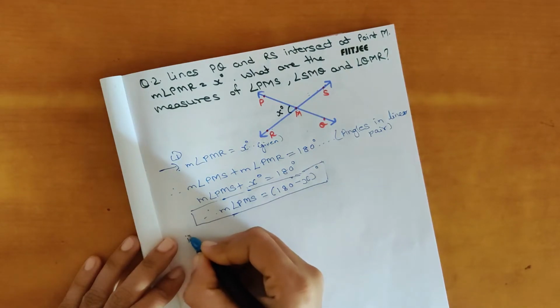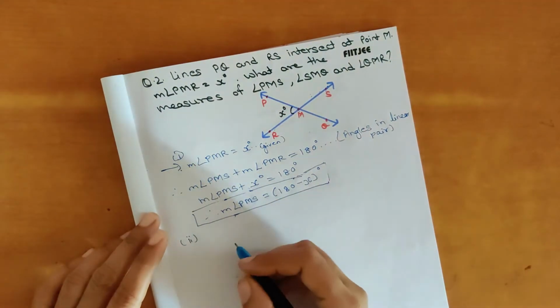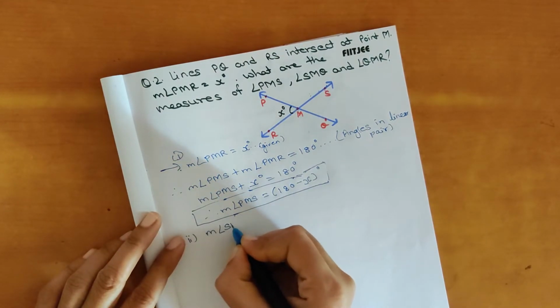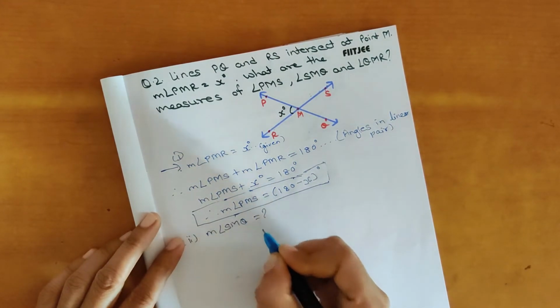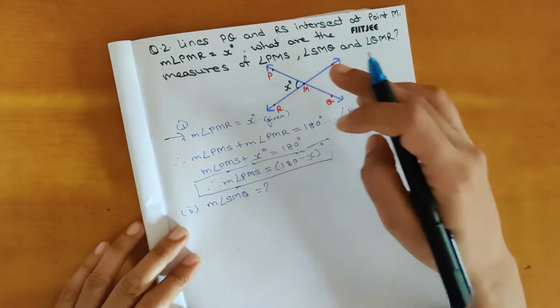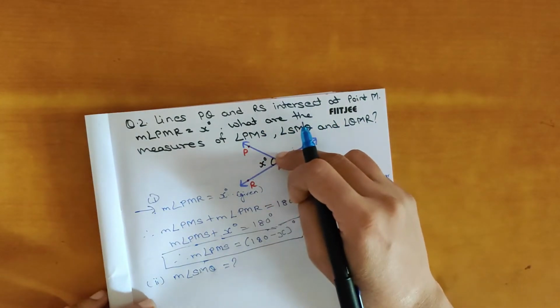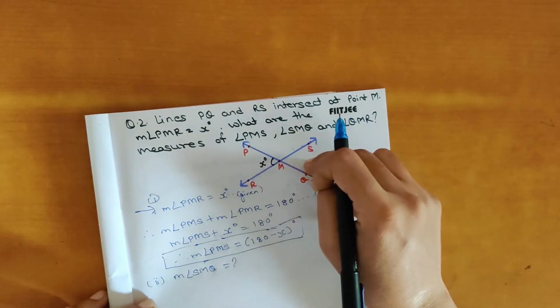Now second one, measure of angle SMQ we have to find. So we know that these vertically opposite angles are of the same measure.